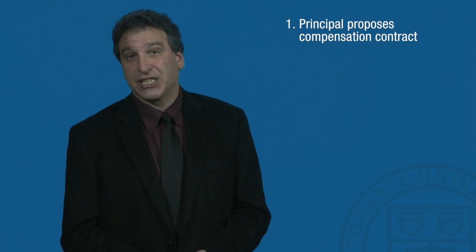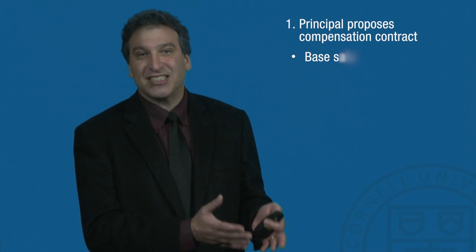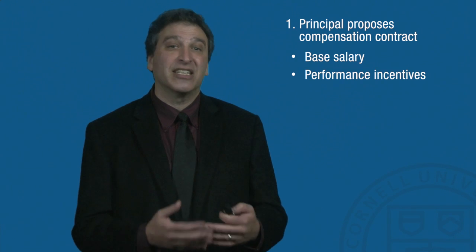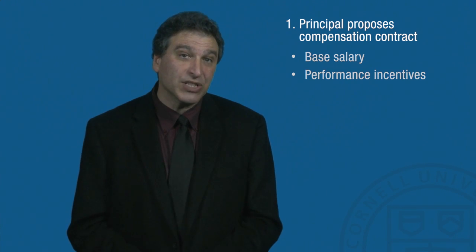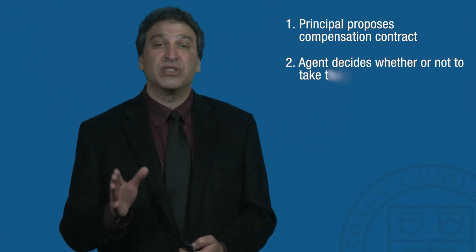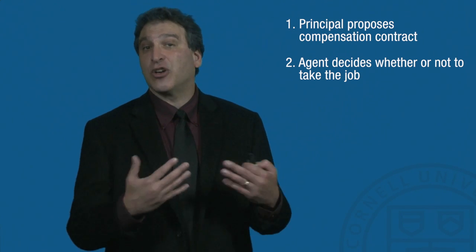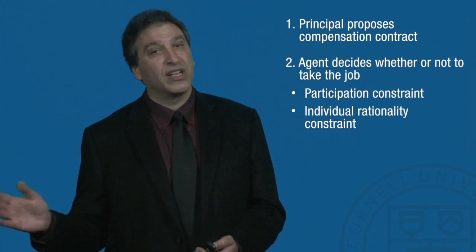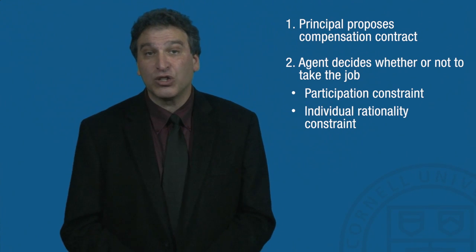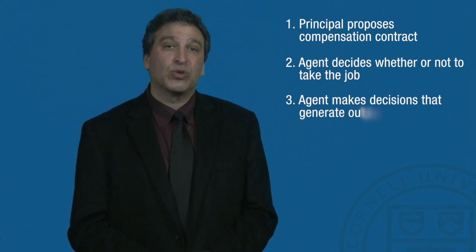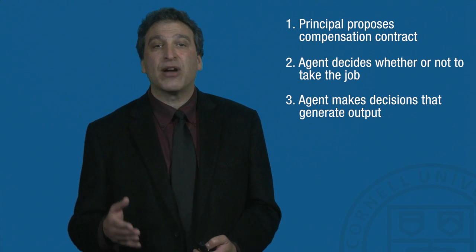So, to summarize all of this, the principal proposes a compensation contract that has a base salary and some degree of incentive compensation based on a set of performance measures. The agent is going to decide whether or not they want to take the job. Did it meet their participation constraint, or does another job look more attractive? The agent then, if they take the job, is going to be making decisions about effort.